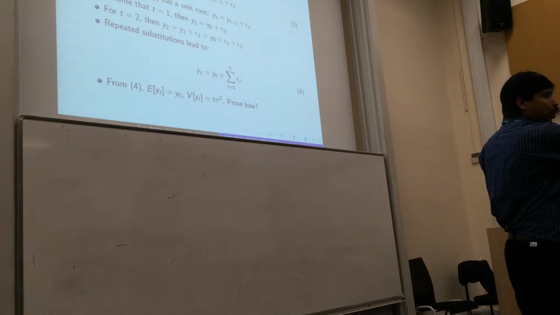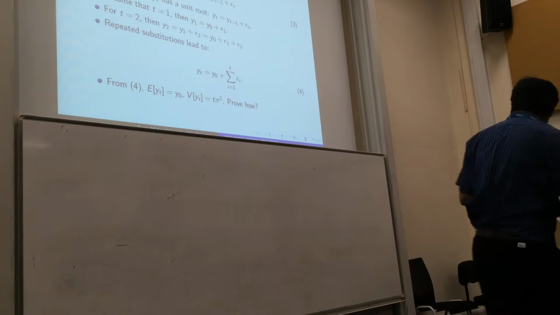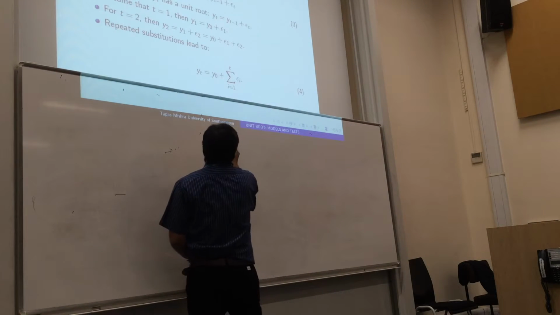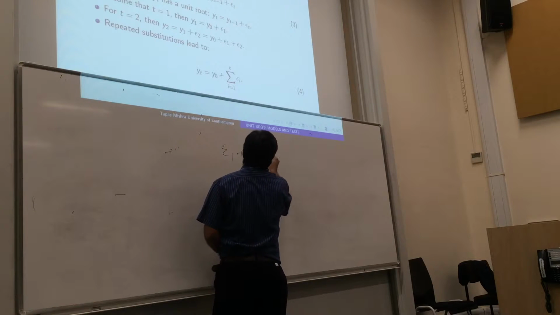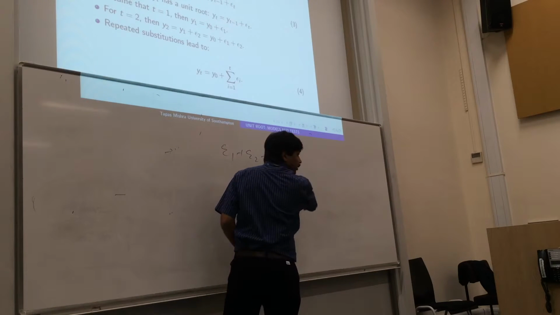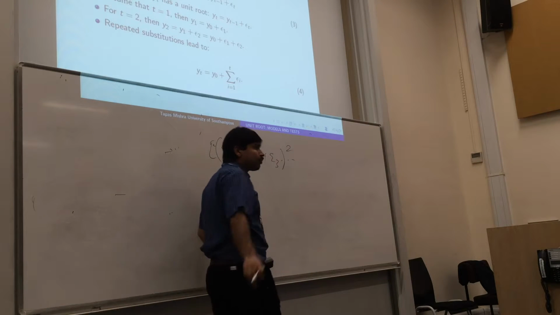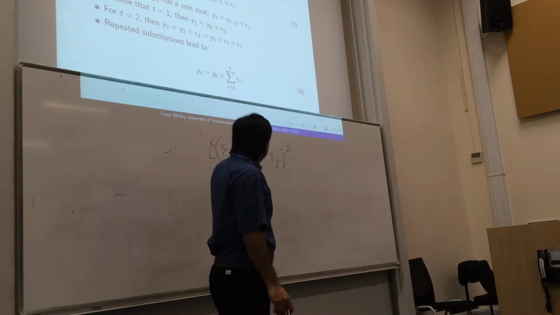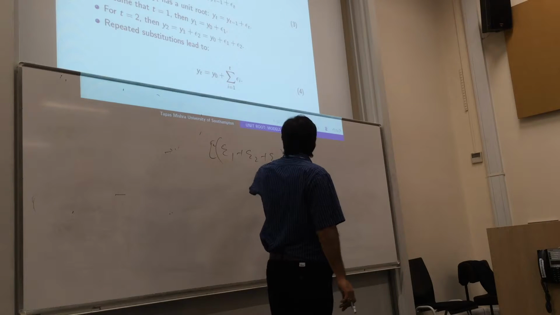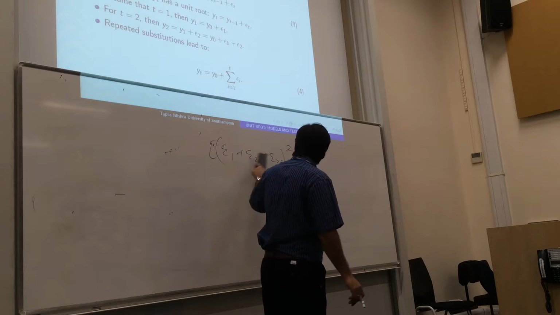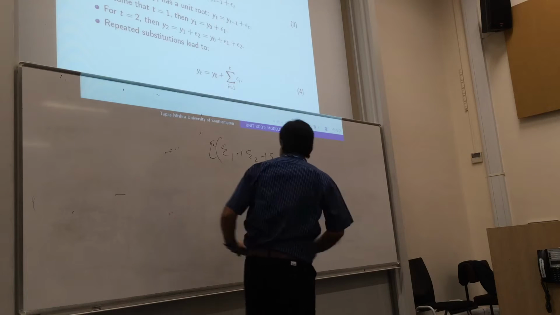Your friend has told me a very, very important thing. Let me divide it. Let's say E1 plus E2 plus E3. So E1 square, E2 square, E3 square, then the cross terms.